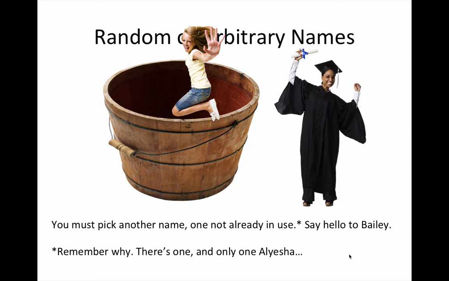So we can't use Alyosha. There's one and only one. We must use another name. We're saying Bailey. Now, another way to increase your understanding is to go back to the work that you have done and continue to do in Tarski's World.